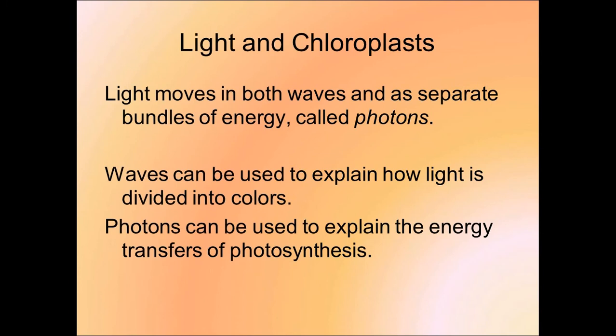The energy of a photon can remove an electron from a molecule. This is called the photoelectric effect. The movement of these electrons through the electron transport chain is the basis of energy transfer and the formation of ATP and NADPH in photosynthesis.